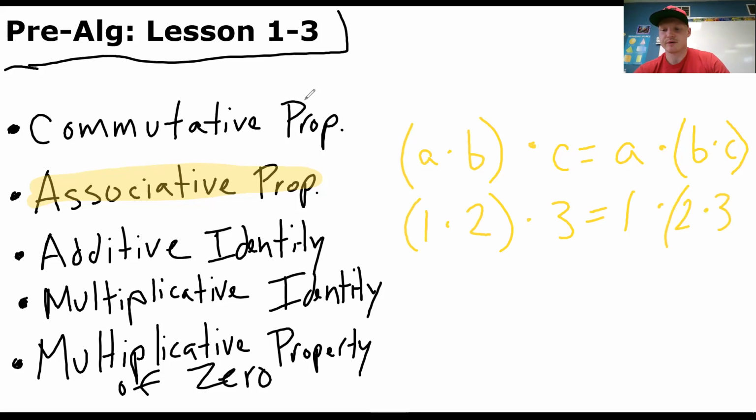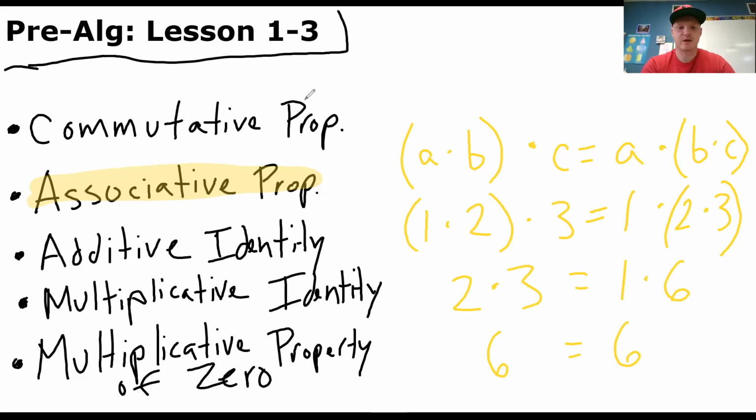Let's see if this works. 1 times 2 equals 2, times 3 gives me 6. On the opposite side, we have 1 times the quantity 2 times 3, which is 1 times 6, equals 6. So that's the associative property of addition and multiplication.